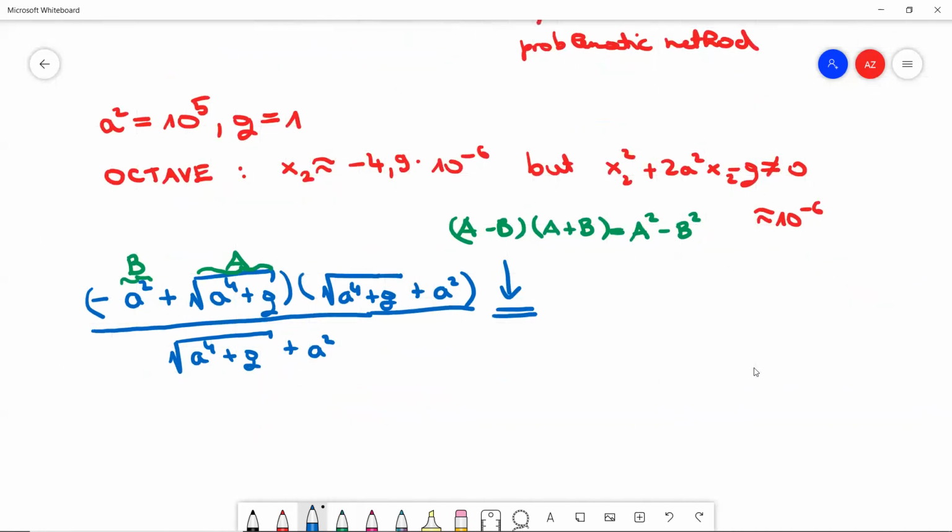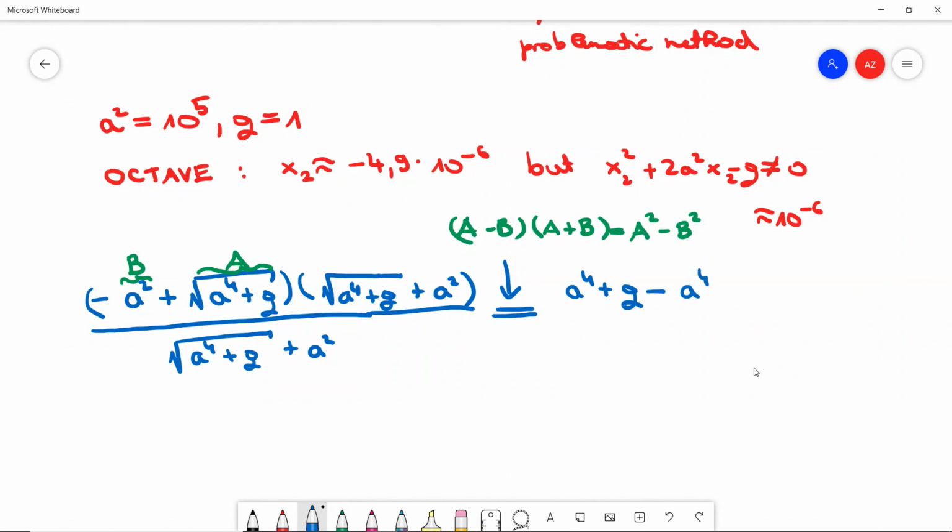And what I get, in the numerator, is a squared, which is just getting rid of the square root in a to the power of 4 plus q. And then minus b squared is just a to the power of 2 squared.